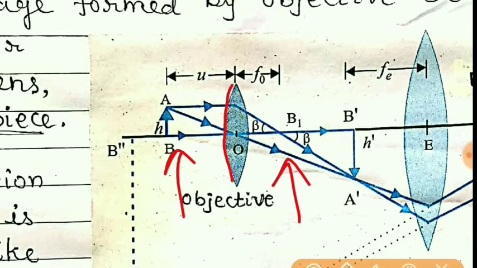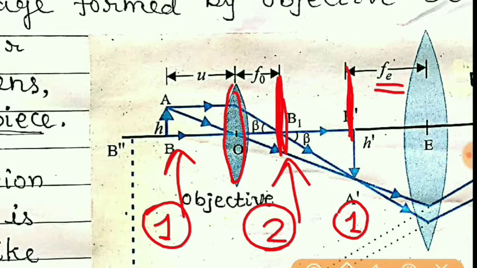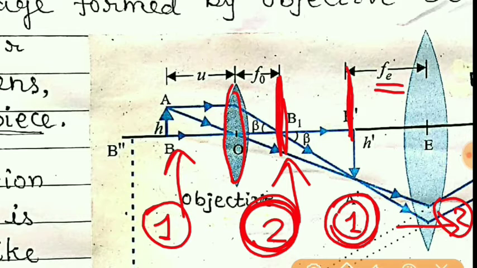So for this objective, if we consider this as the first focal point and this as the second focal point, then this distance, that is the second focal point, to this, that is the first focal point of the eyepiece, because this is the first focal point of the eyepiece, and towards this side there will be a second focal point. So it is the distance between the second focal point of the objective and the first focal point of the eyepiece. That is nothing but the tube length.